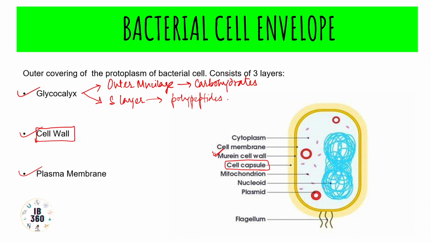The cell wall in gram-positive bacteria is single layered, while in gram-negative bacteria it is double layered, and it has a very important job, rather a primary function, not like the glycocalyx, which is mainly concerned with secondary functions.